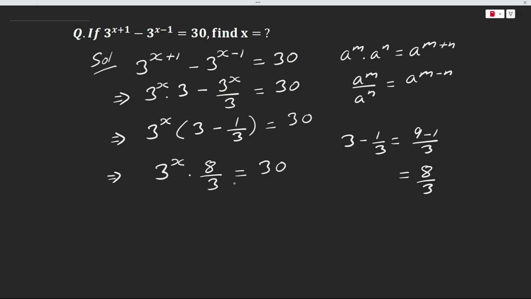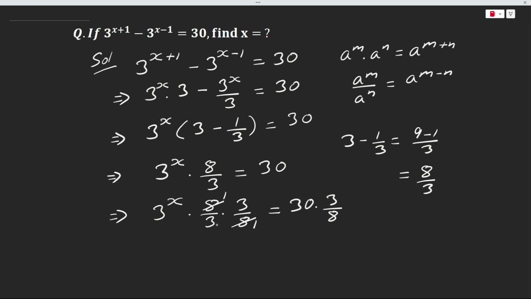Now on multiplying by 3 by 8 on both sides, we can write this as 3 raised to the power x times 8 by 3 times 3 by 8 equals 30 times 3 by 8. Now here and here 8 will be reduced by 8, 1 time, here also 1 time.